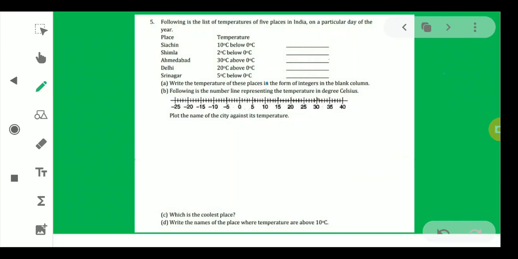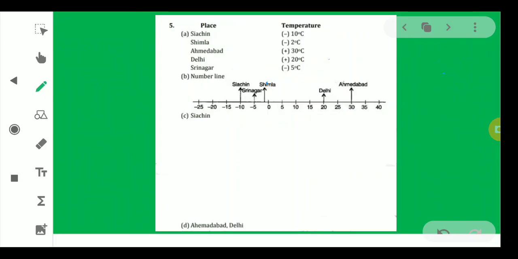If the temperature is above it, it will be taken as positive, and below it, it will be taken as negative. Now we have to use a proper symbol to represent the temperature which is given in words. For Siachen, it is given 10 degree below 0. Below 0 means it is on the negative side. So we will write minus 10 degree Celsius.